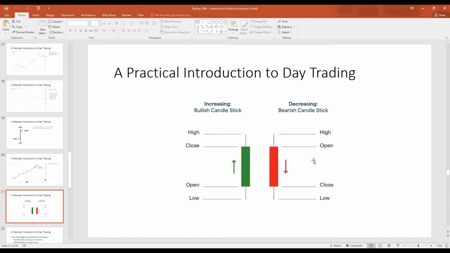The same concept applies to bearish candles. The area between the opening price and the highest price in a bearish candle is known as a wick. The area between the closing price and the lowest price of a bearish candle is also known as a wick.